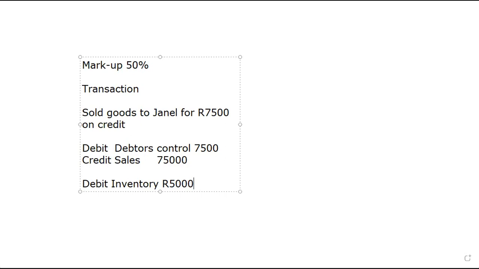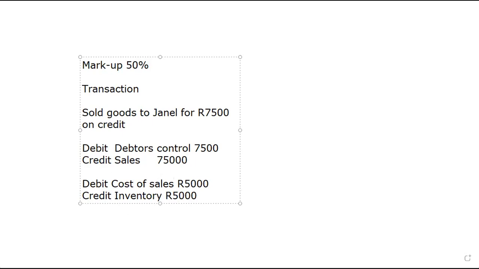That's the cost price. Sorry, you're not going to debit inventory. Debit the cost of sales. How much did these goods cost? They cost 5,000. And then credit inventory, 5,000.